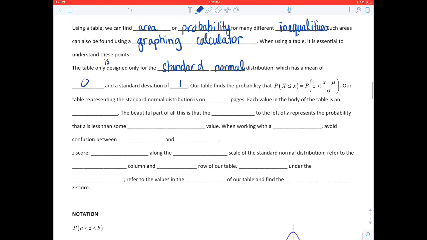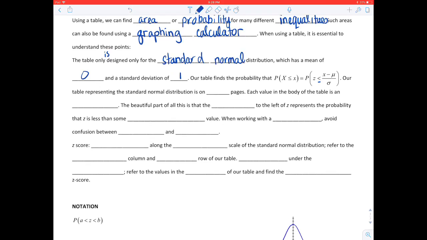Our table finds the probability that z is less than or equal to some z-score, which is x minus mu over sigma. Our table representing the standard normal distribution is on 2 pages. Each value in the body of the table is an area, which is also, remember, a probability.